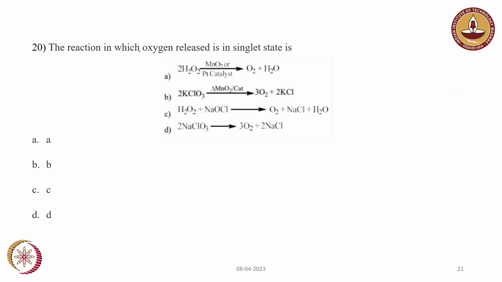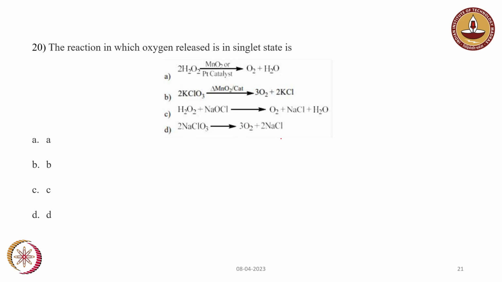The next question is the reaction in which oxygen released is in singlet state. Option A is 2H2O2 on MnO2 or platinum catalyst giving O2 plus H2O. Option B, 2 KClO3 in presence of MnO2 catalyst giving 3 oxygen plus 2 KCl. Option C is H2O2 plus NaOCl giving O2 plus NaCl plus H2O, and option D, 2 NaClO3 giving 3 O2 plus 2 NaCl.